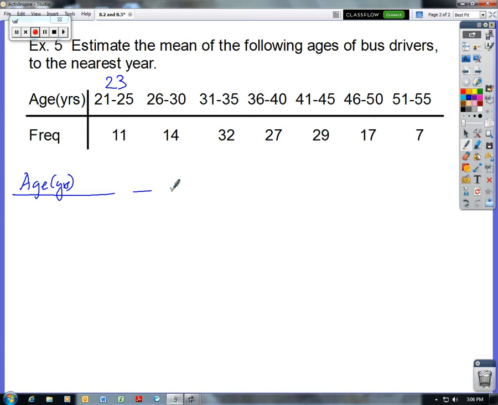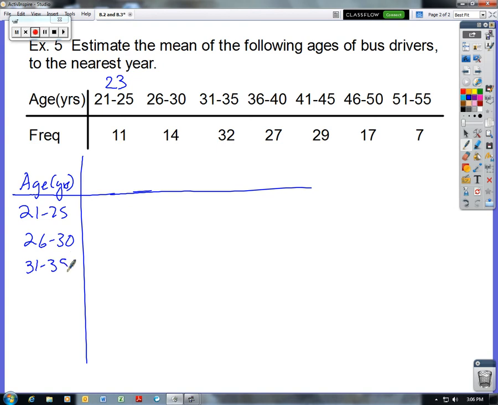So 21 to 25, 26 to 30, and so on. And then the frequency, just copying down from the table above.